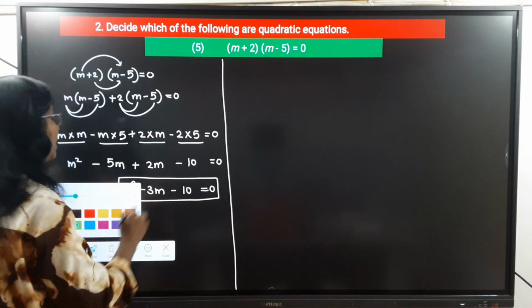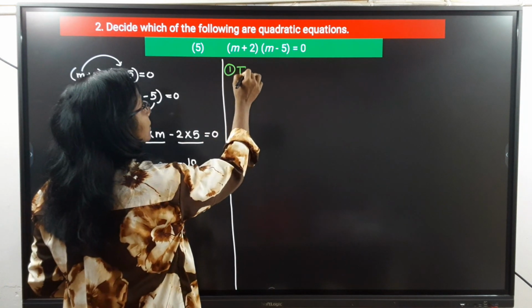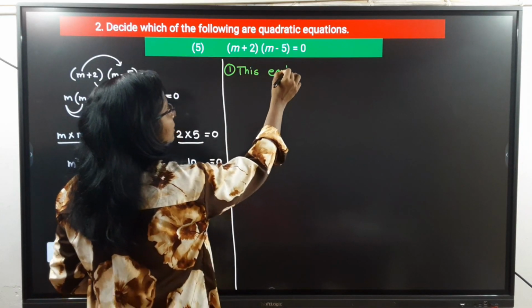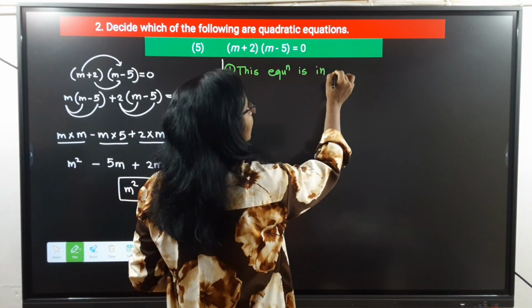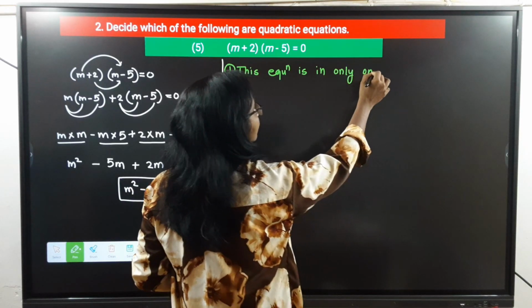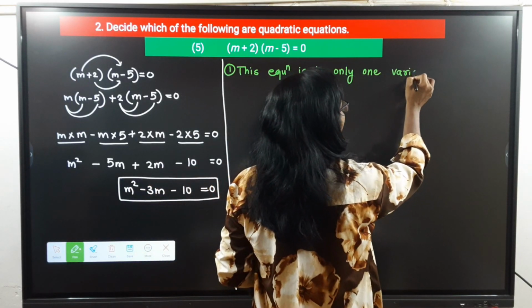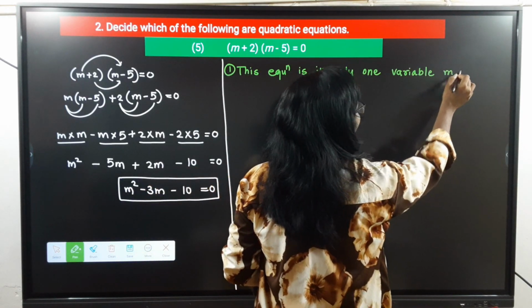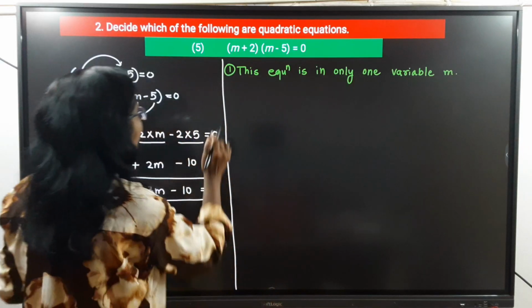So first condition is that this equation is in only one variable, m. So this condition is fulfilled by this given equation.